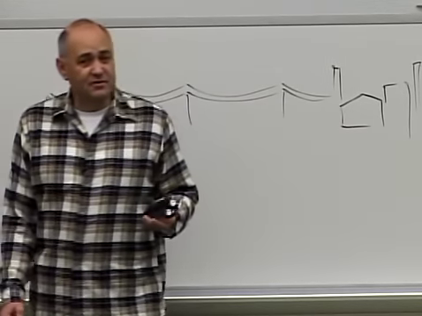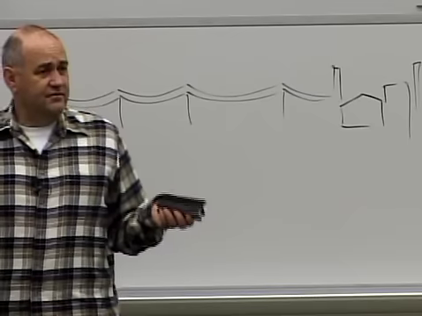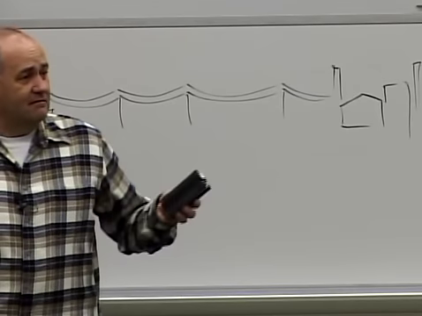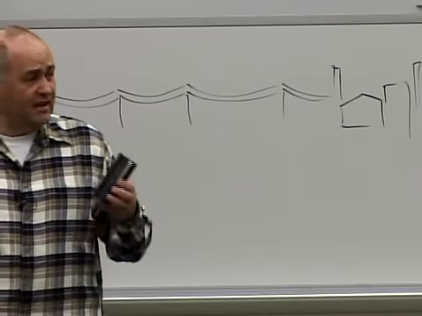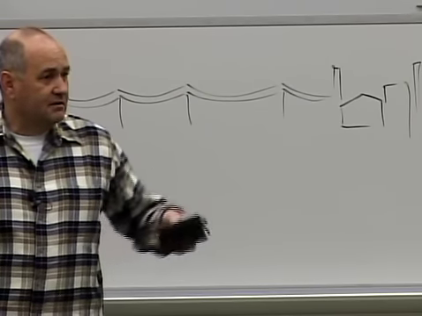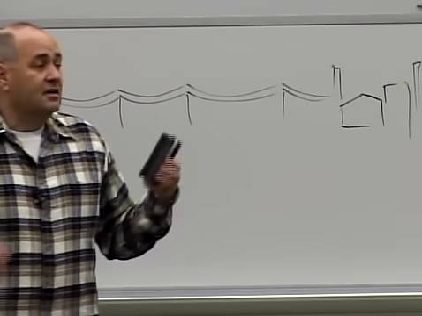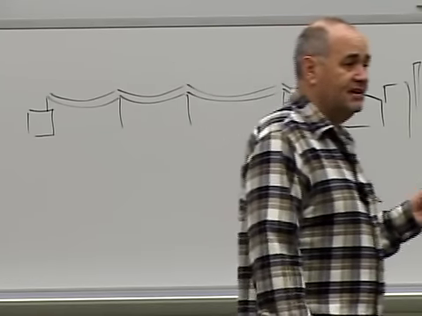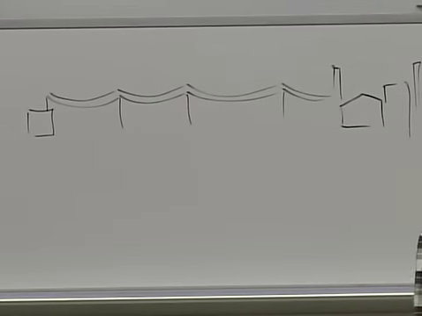Compare the currents in both situations. One where the potential difference is relatively low, and the other where the potential difference is 100 times more. So what can you say about the currents, assuming that the same amount of energy has to be delivered to the city?